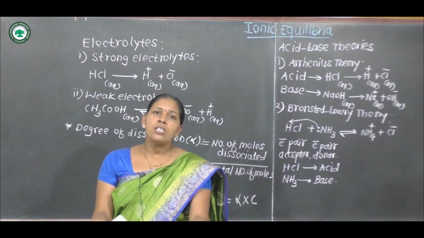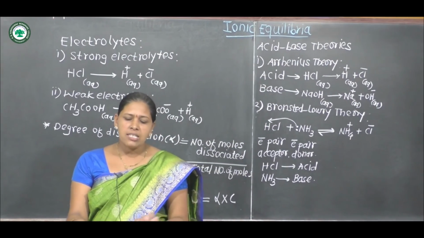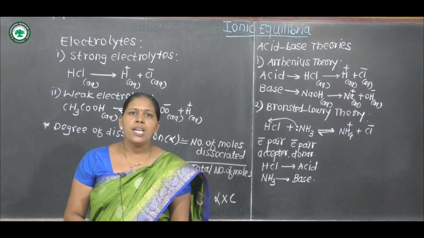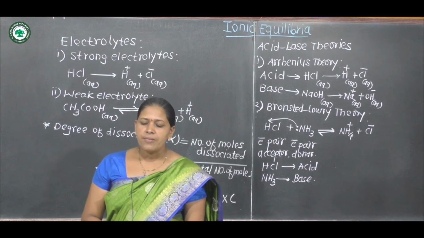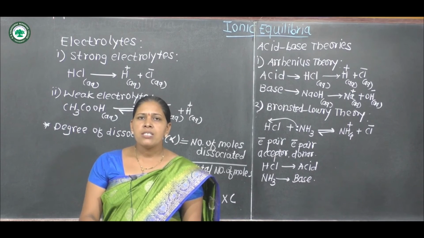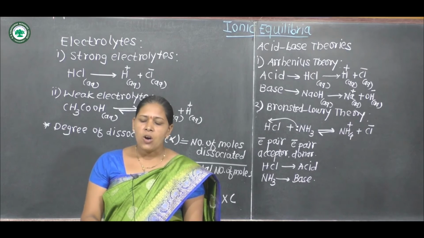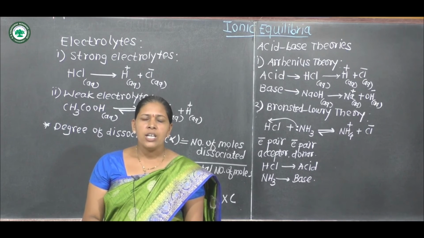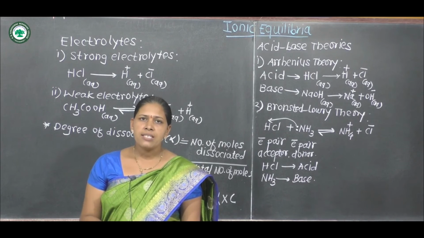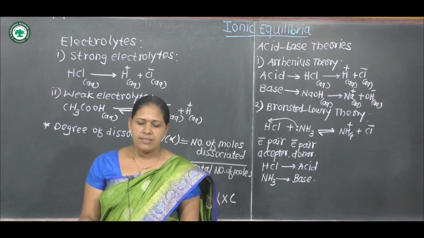Then one of the most important terms included in this is conjugate acid base pair. What is meant by conjugate acid base pair? A number of questions were asked in previous NEET and JEE exams on this point: identify conjugate acid or conjugate base for any species.